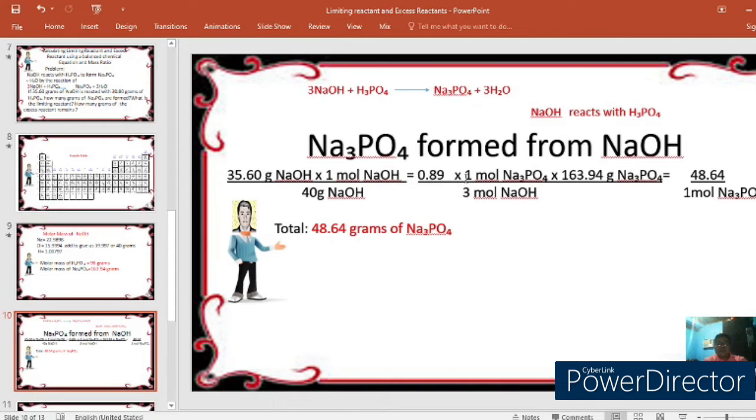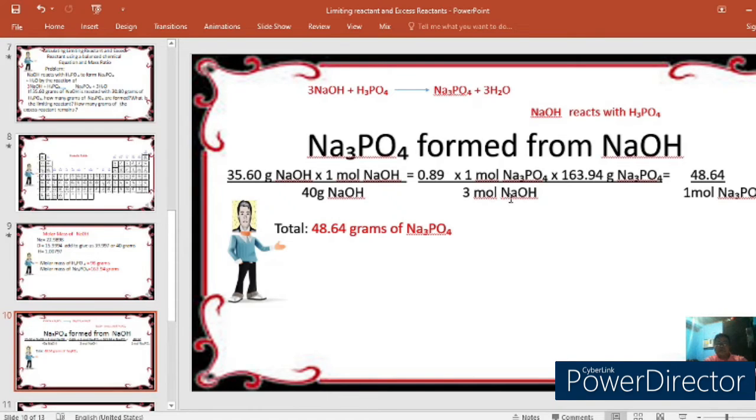So times 1 mole of sodium phosphate, since our sodium phosphate has a coefficient of 1, divided by 3 moles of sodium hydroxide, since the subscript of sodium is 3.